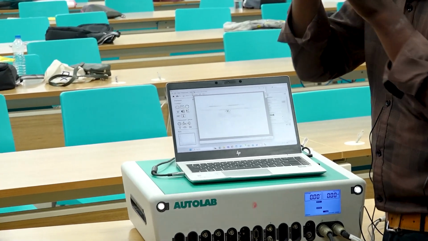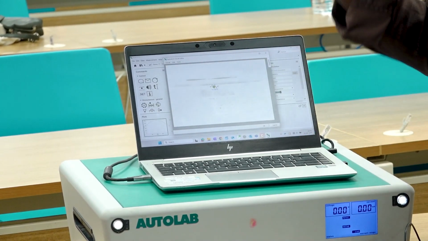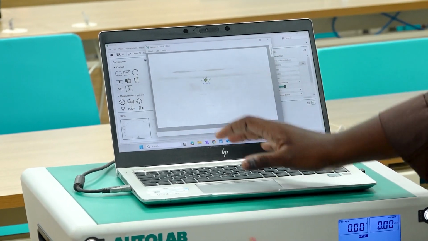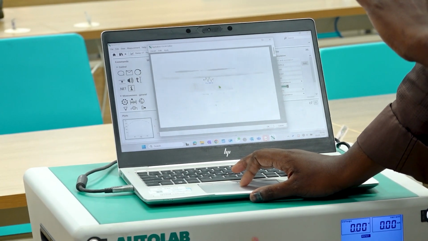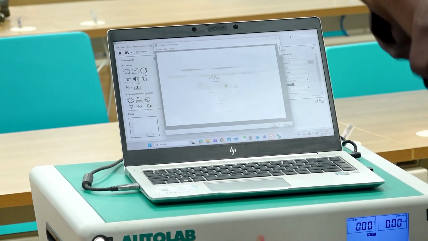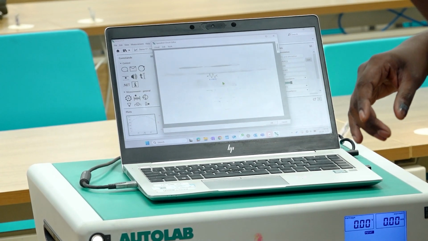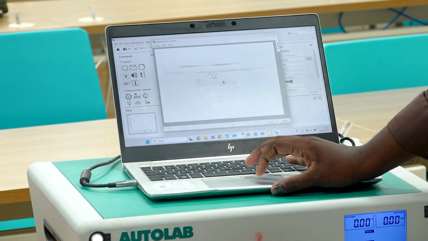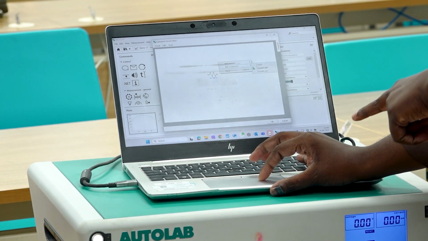In a particular area we are calling it internal resistance, in another area we are calling it charge transfer. But here we have only one element, resistance. So first one. Then the second one is what? That is charge transfer, and the remaining one is double layer.